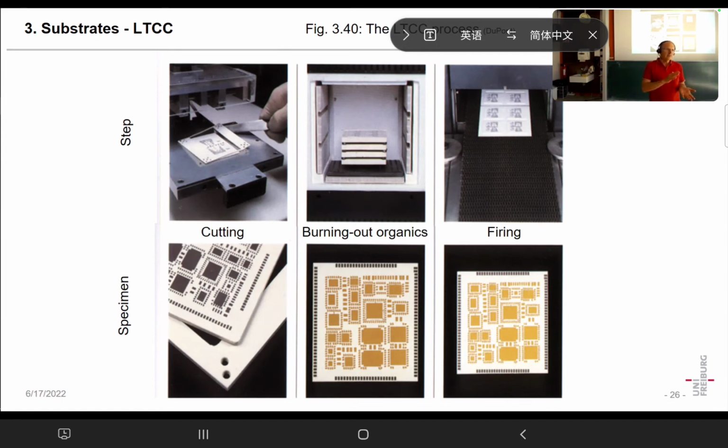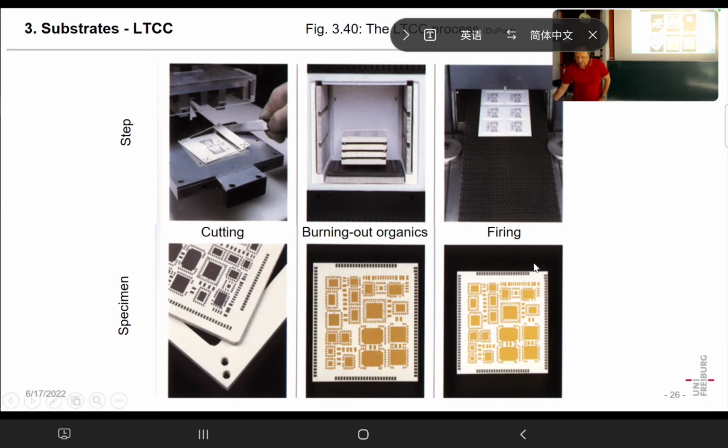Because if you don't do that, and if you start sintering before all of that unwanted material is burned out, you have them trapped in, and that's not good, because that would lead to short circuit and the whole ceramic material would be black then.